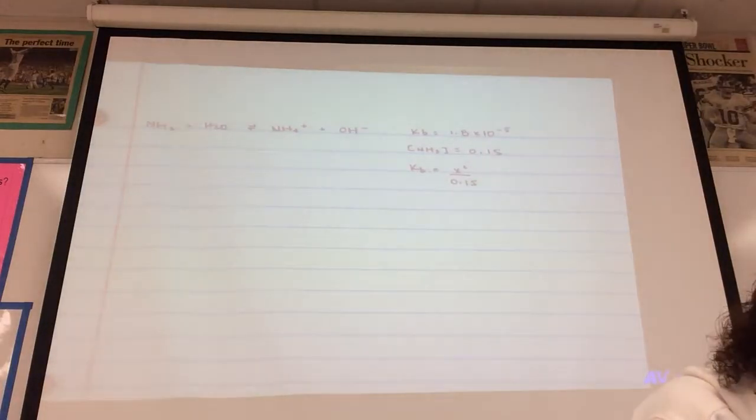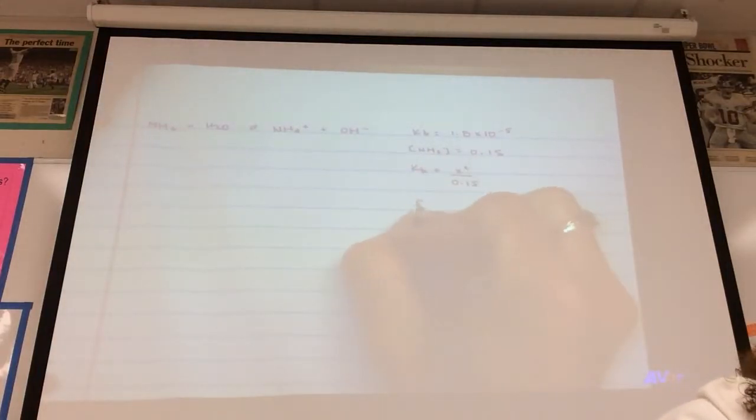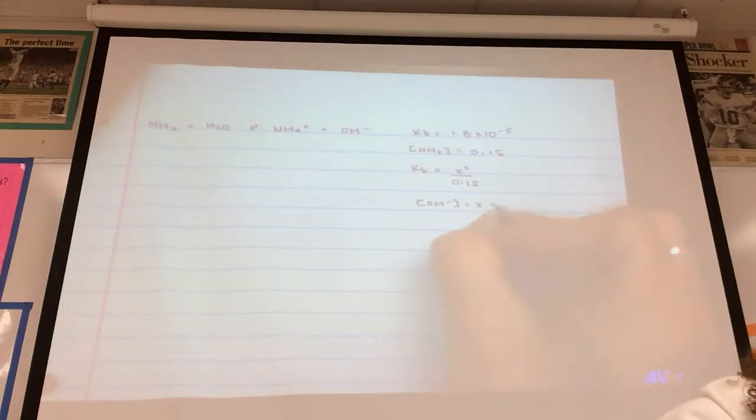Okay, so Kb is 1.8 times 10 to the negative 5 times 0.15, and I'm going to take the square root of that to get the hydroxide ion concentration, and that would be 1.6 times 10 to the negative 3.